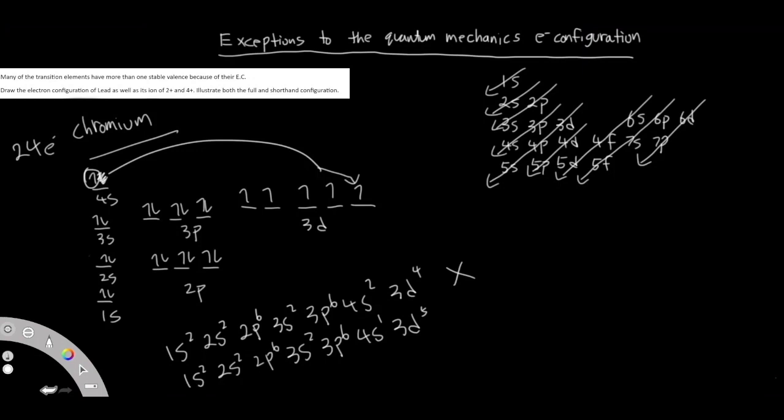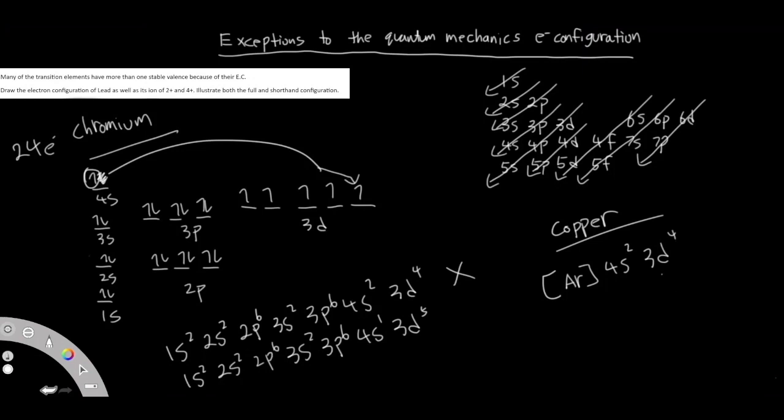Now, something very similar can be done for copper. I'm not going to draw it all out, for the sake of time. You should be able to draw this on your own. If I were to just show you what it looks like, copper has an Ar within the bracket, and then it has a 4s2, and then it has a 3d4.